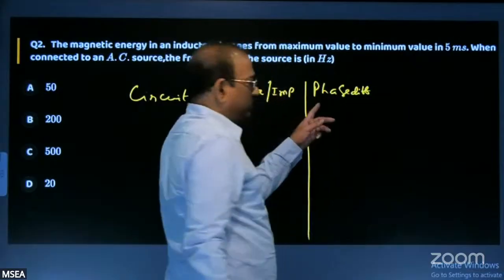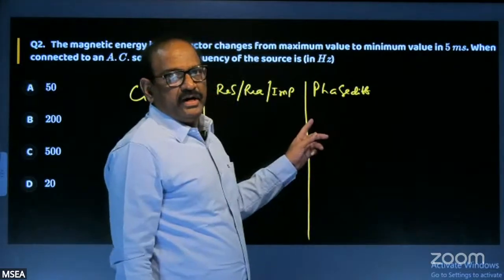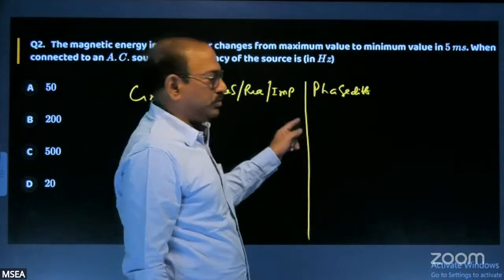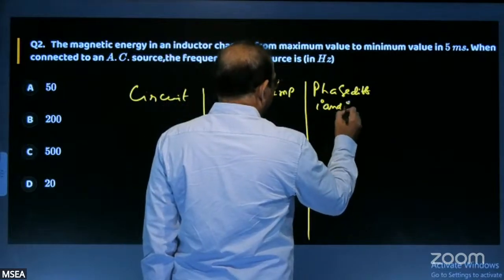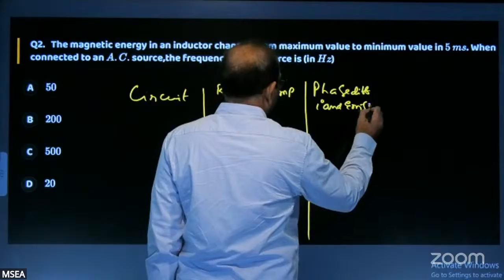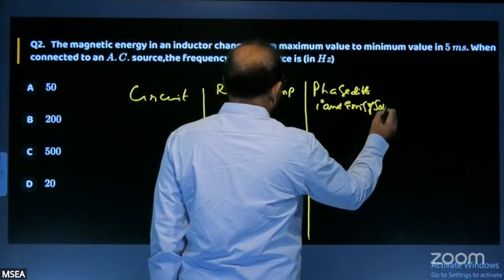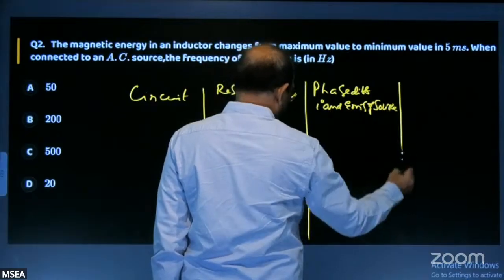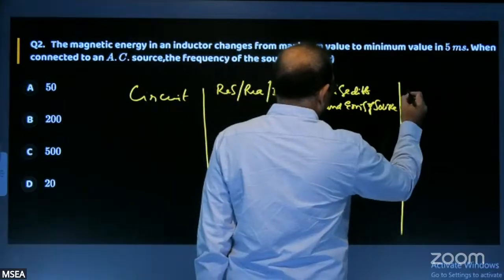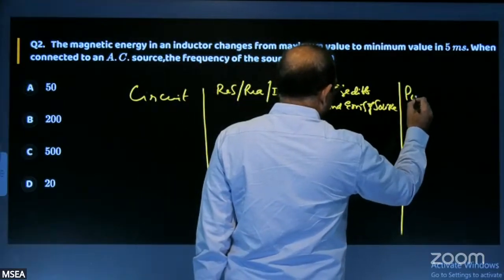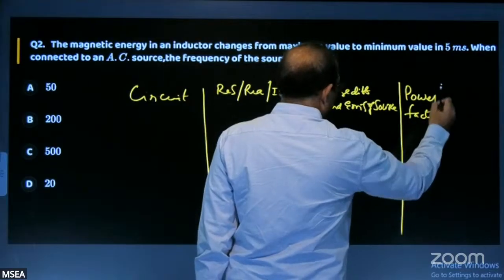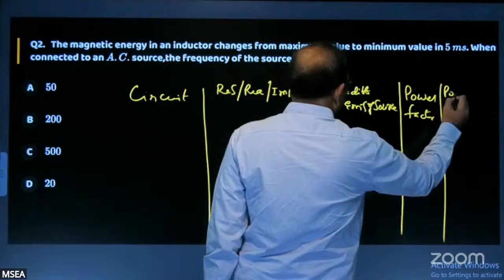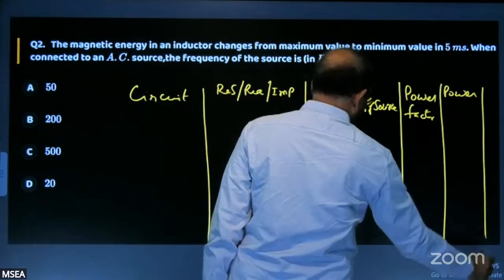I am writing the phase difference between current and EMF, the voltage of the source. Then power factor, and last, average power.